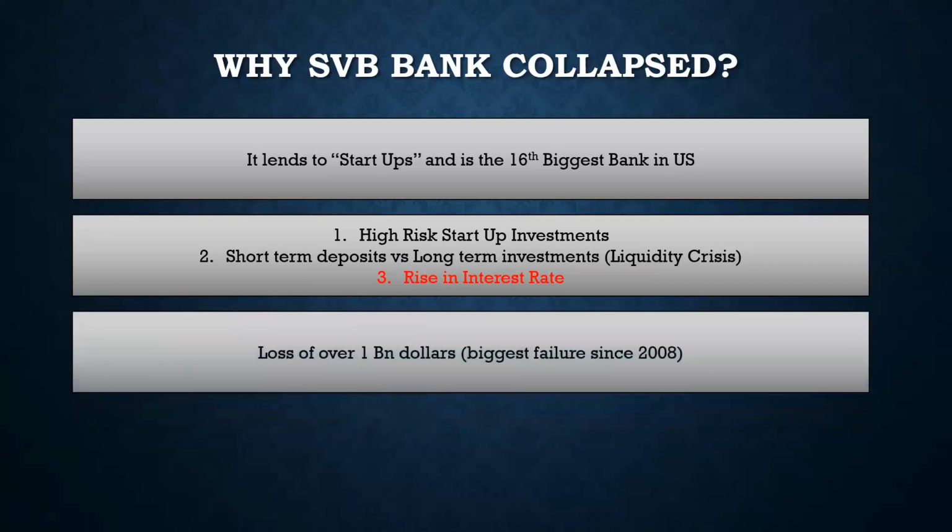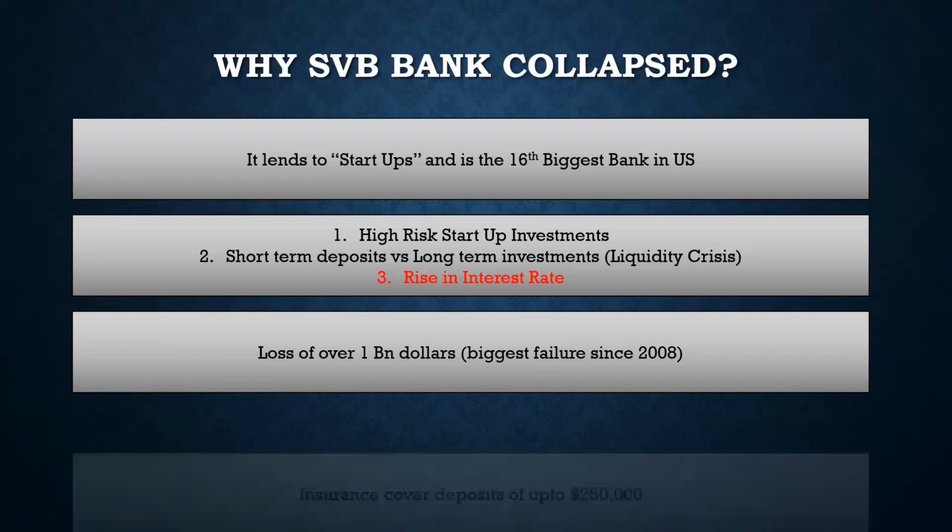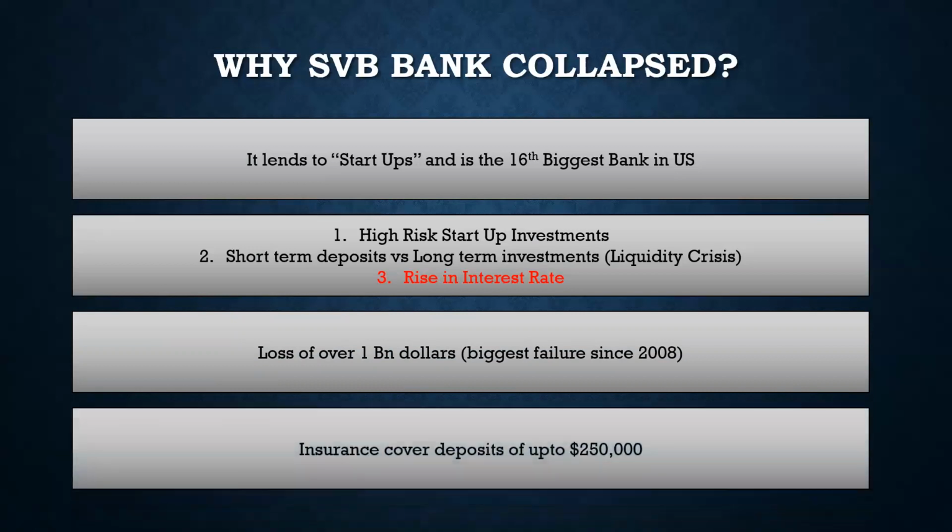It is reported that they have over $1 billion of loss, which is the biggest failure since 2008, that is, after the Lehman Brothers collapse. Insurance-covered deposits would cover up to $250,000, but beyond $250,000, the retail participants and the startup companies who have deposited their money with SVB are also not going to get it, and it is not clear whether the insurance will provide the money to them or not.